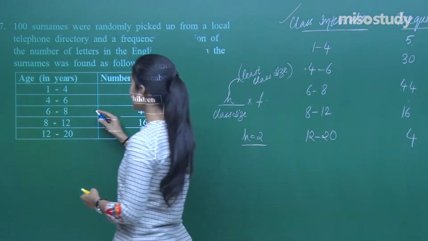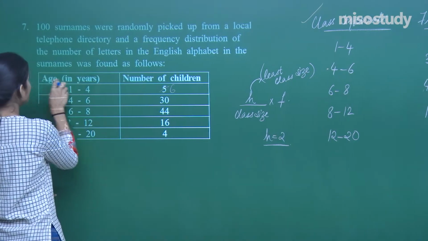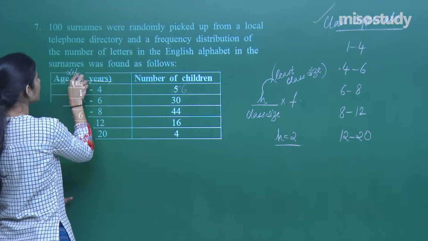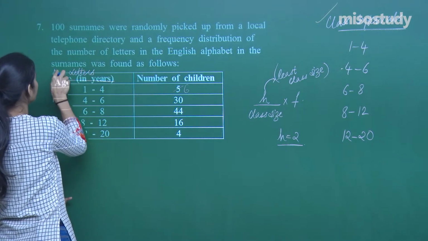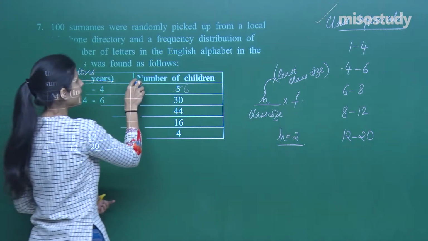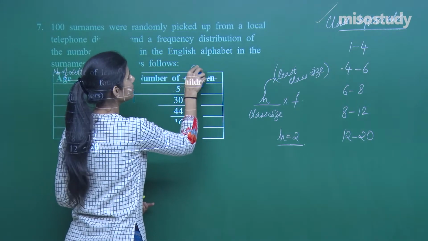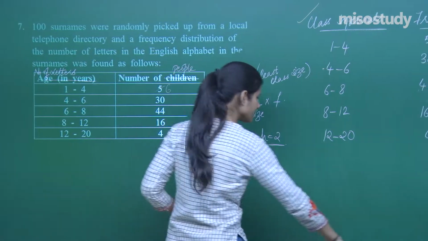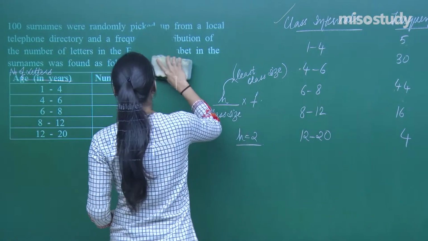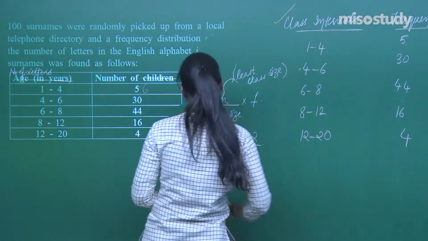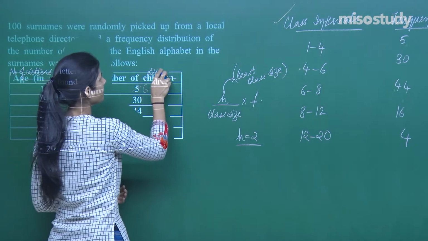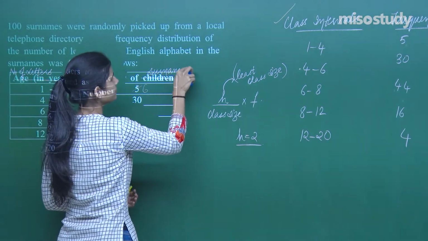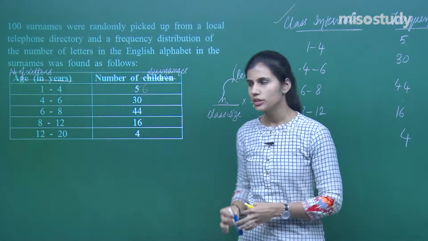Of course, this is not age, this is number of letters and number of different surnames having those letters.